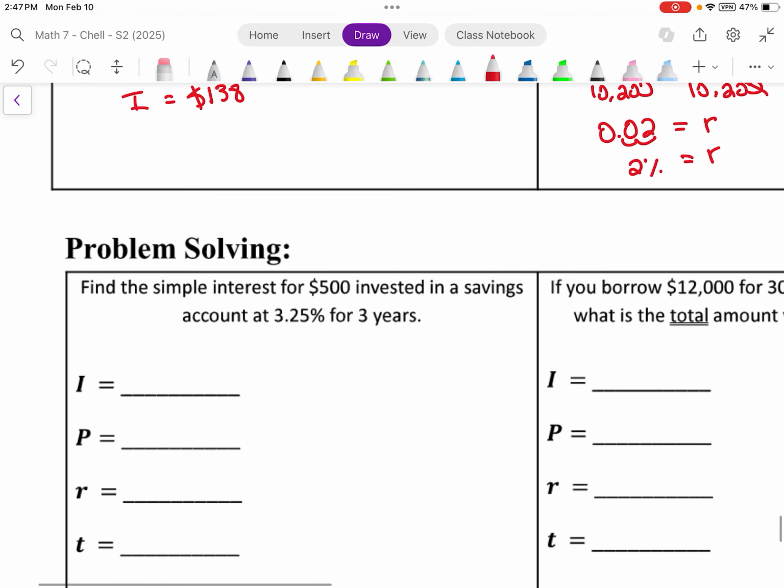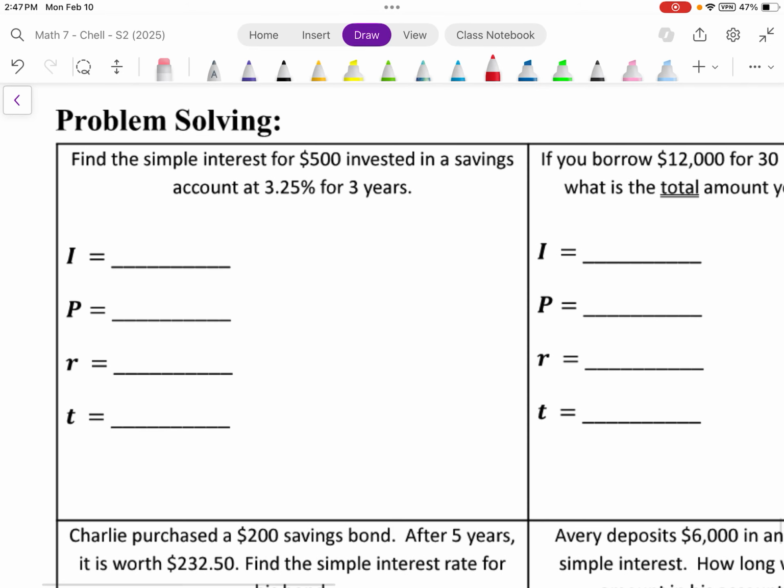All right, so now let's do a few of these. These are going to get a little more challenging, I'll be honest with you. So looking at this one, find the simple interest. That means we don't know what I is. But you invested $500. So we know we started with $500.